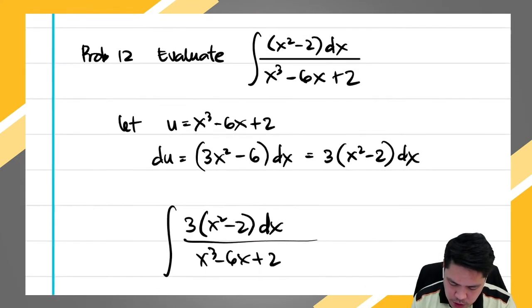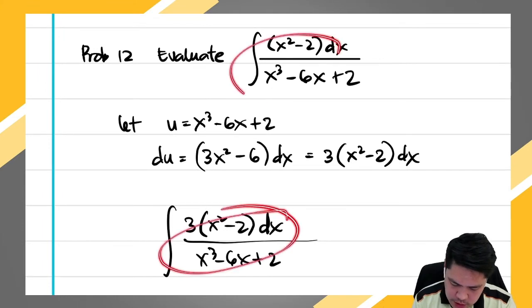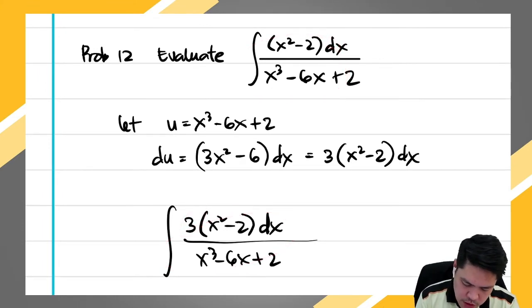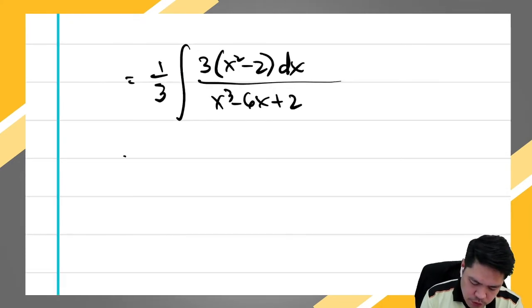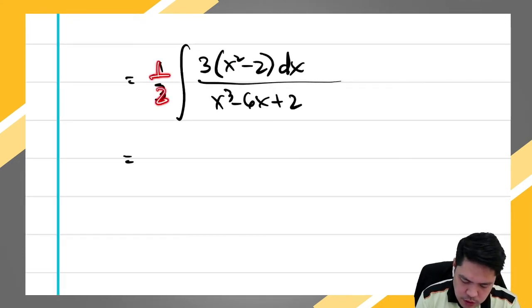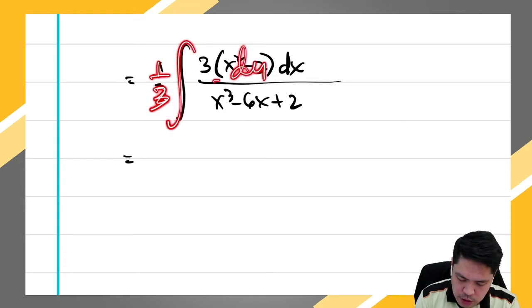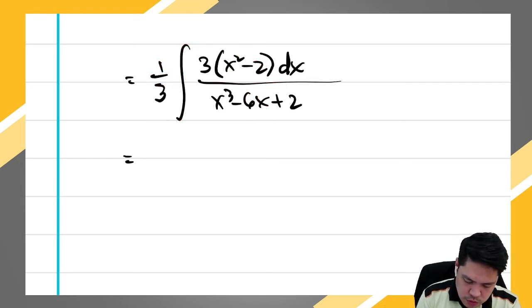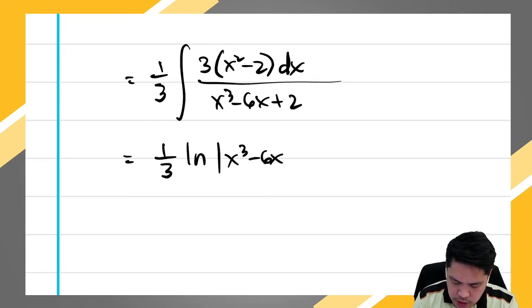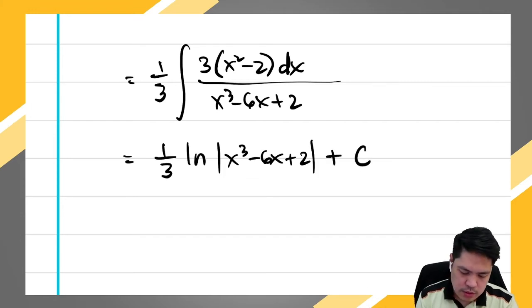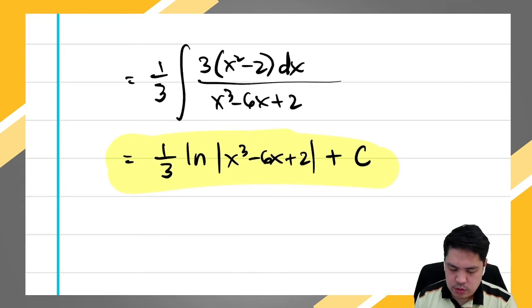Now, comparing it to the given, this is not the same because of the factor 3, so we multiply by 1/3. So this is now 1/3 times the integral of du over u, and the integral of du over u is just ln u, which is x cubed minus 6x plus 2, plus c. So that is very easy.